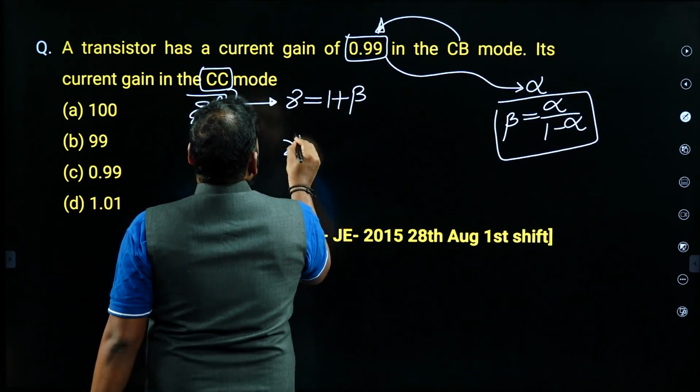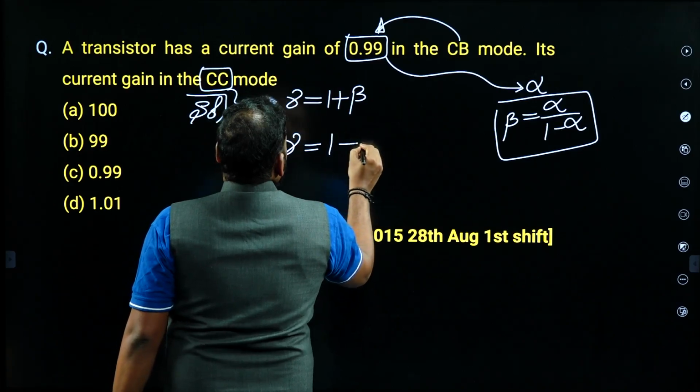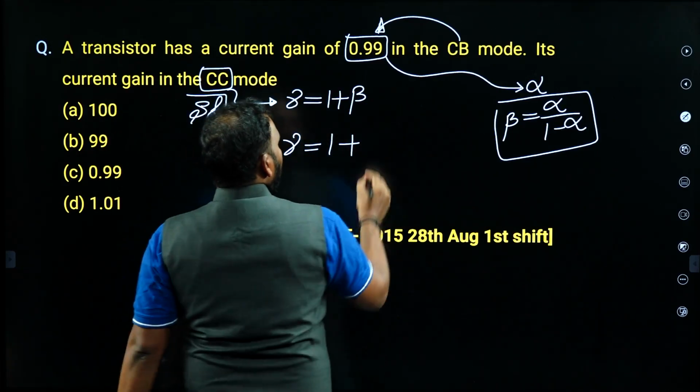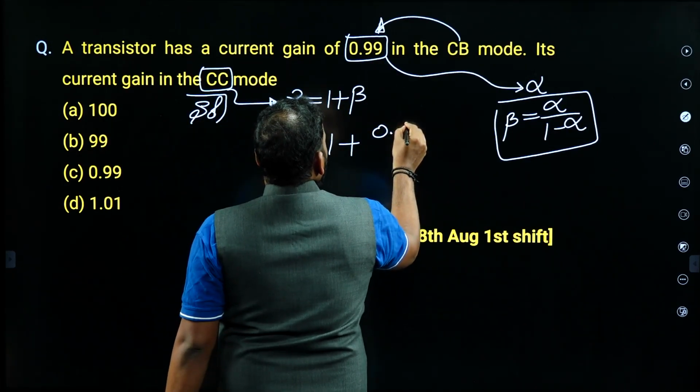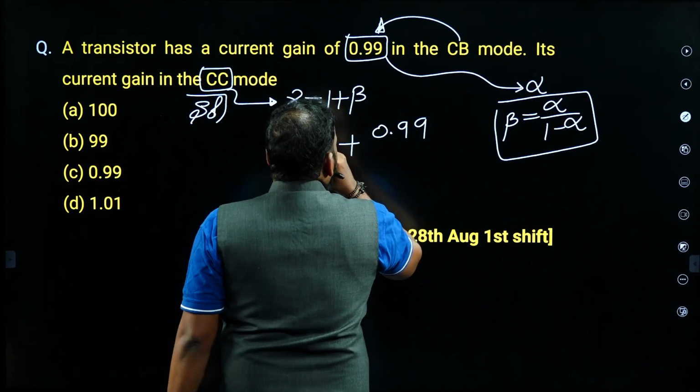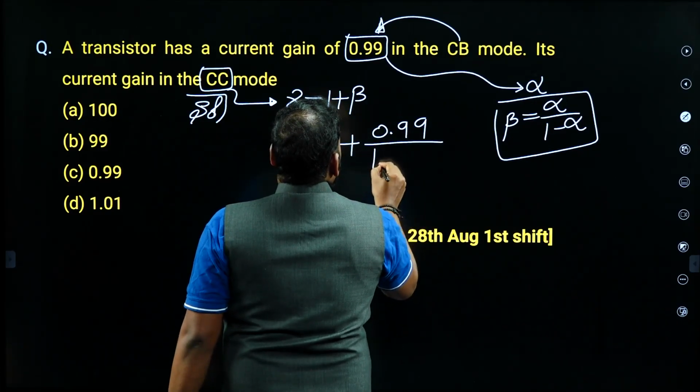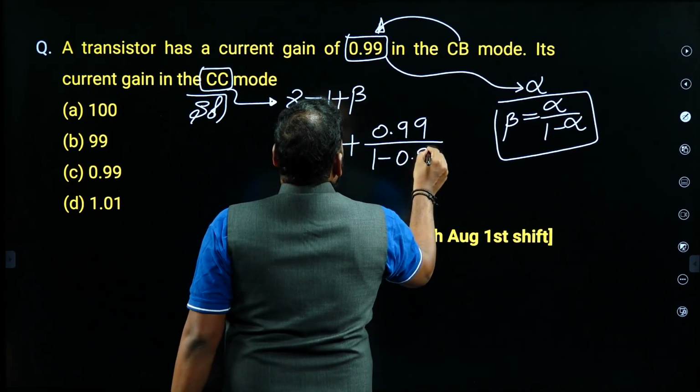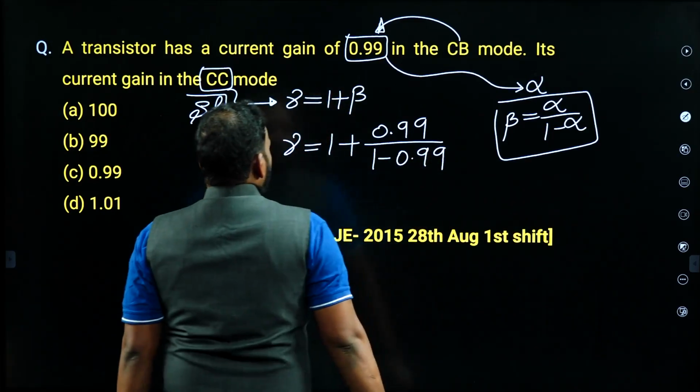So gamma is equal to 1 plus alpha by 1 minus alpha, where alpha is 0.99, divided by 1 minus 0.99. Please someone calculate it.